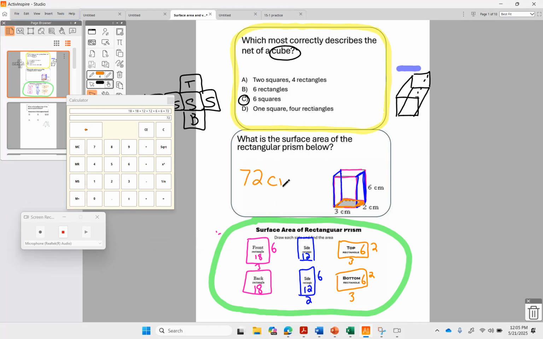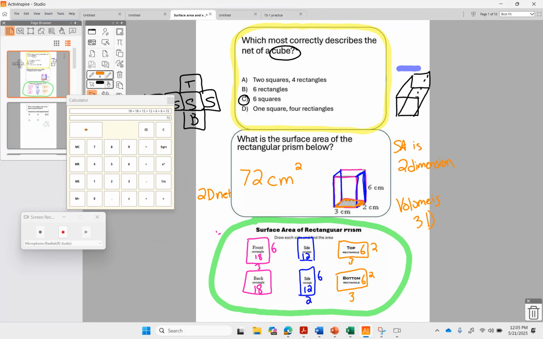Centimeters to the 2nd power, squared, because when I open this up, it might be a 3D shape, but the net is 2D. So surface area is 2-dimensional. Volume is 3-dimensional. But in this case, they're asking for the 2 dimensions.